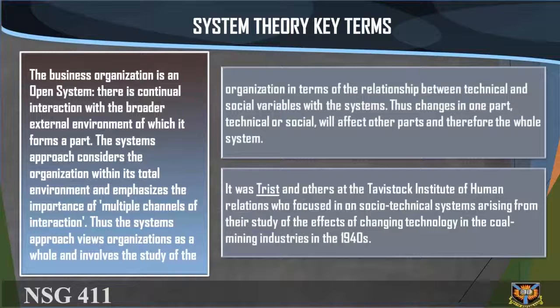Thus, the systems approach views organizations as a whole and involves the study of the organization in terms of the relationship between technical and social variables within the system. Thus, changes in one part, technical or social, will affect other parts and therefore the whole system.